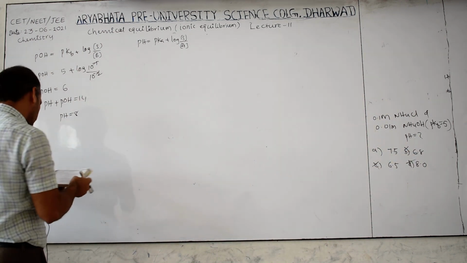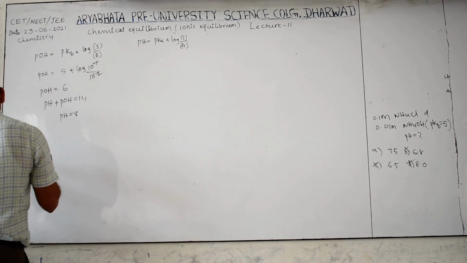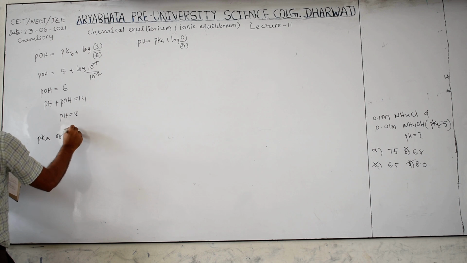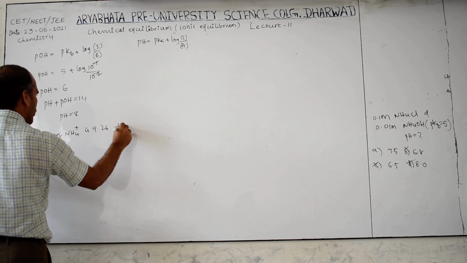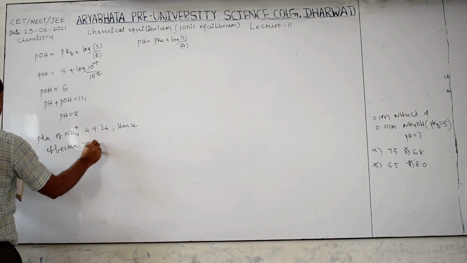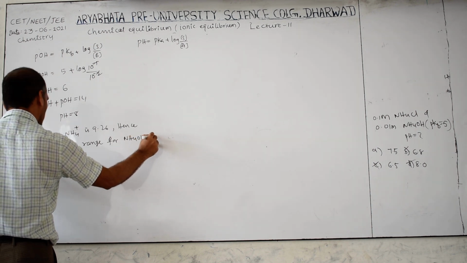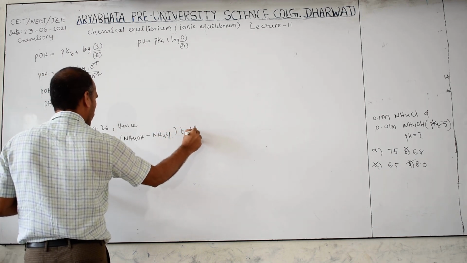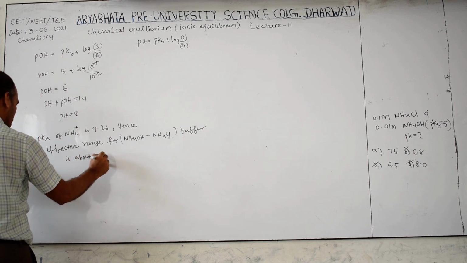Next. The question is: pKa of NH4+ is 9.26, hence the effective range for NH4OH, NH4Cl, this mixture that is called a buffer, is about pH.